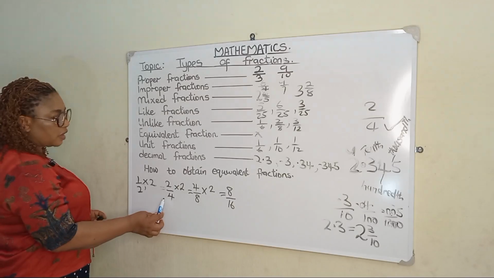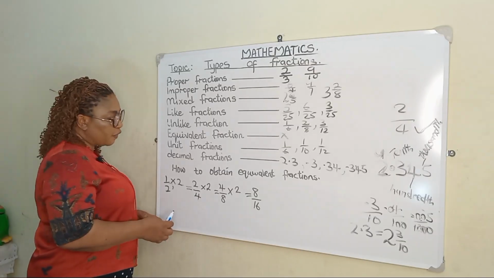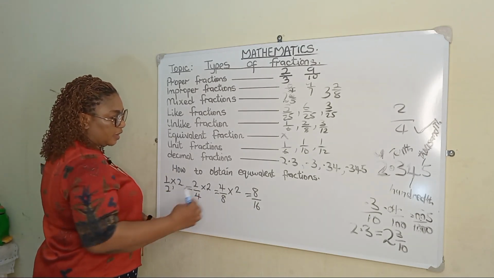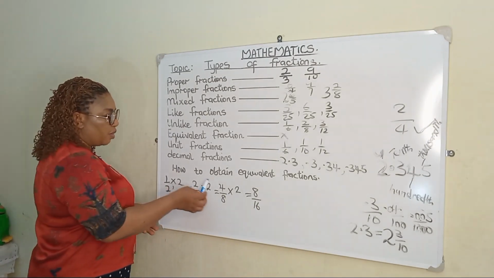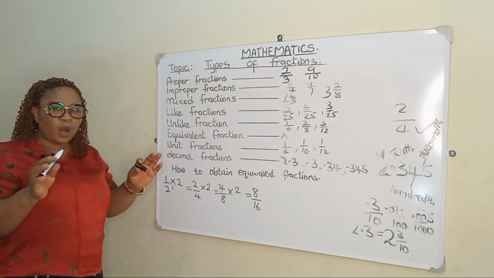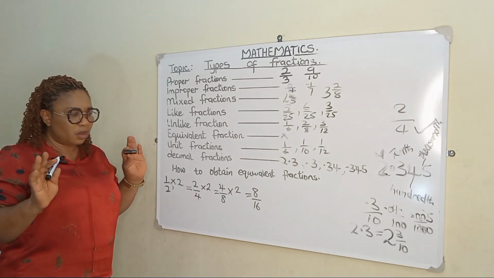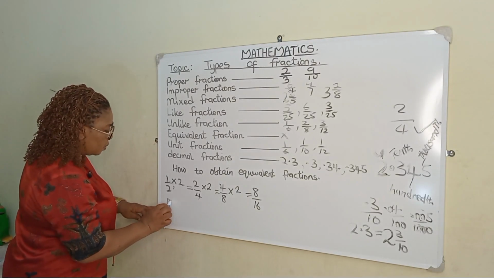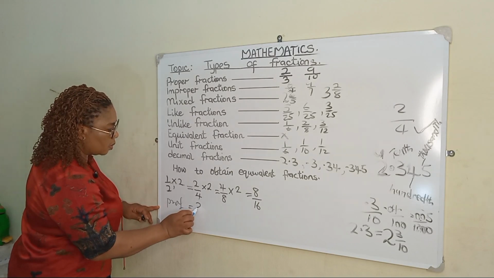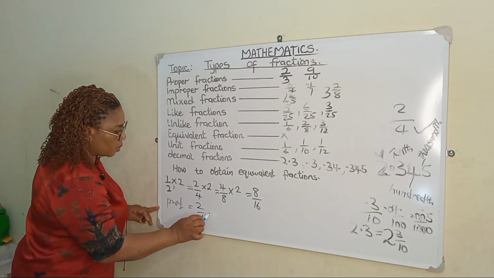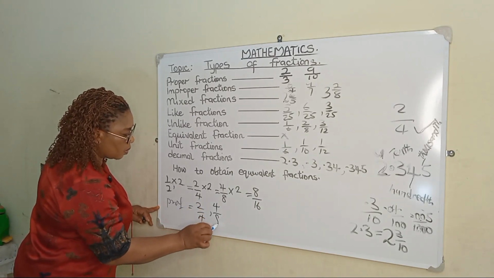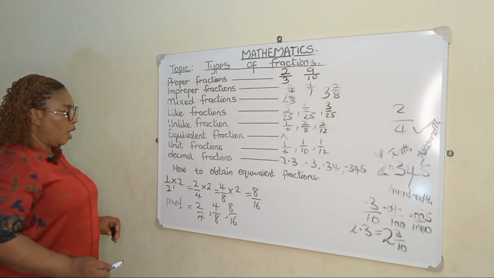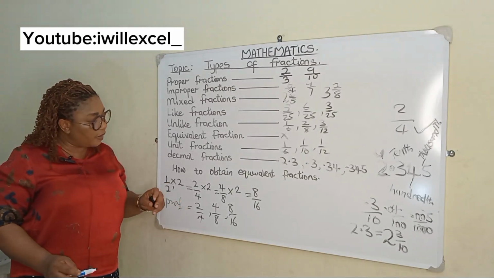You see, these fractions have different denominators, 4, 8, and 16. They also have different numerators, but they are all equal. Prove. I look for a number that will divide up and divide down.